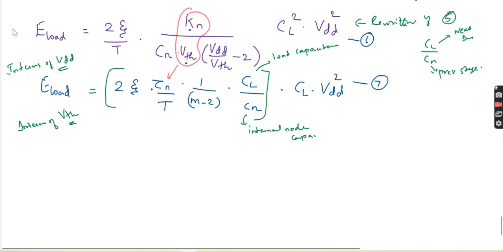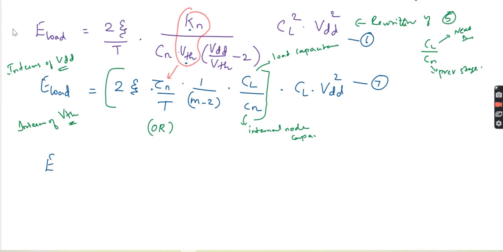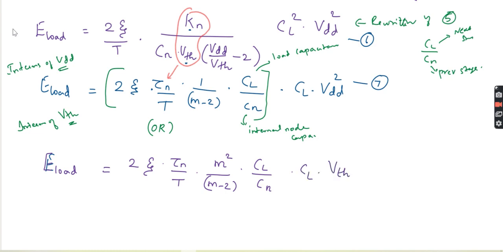So you will get the expression, the E load will be 2 psi tau 1 by T into, here we will get m square by m minus 2, into the Cl by Cn into Cl into VTH square.